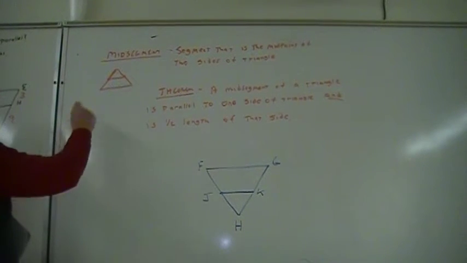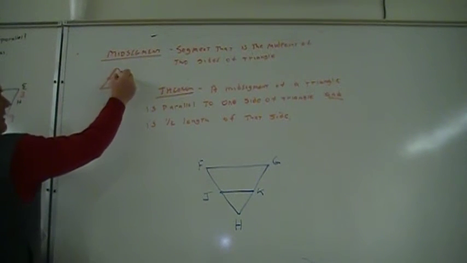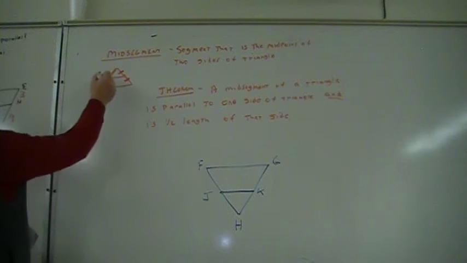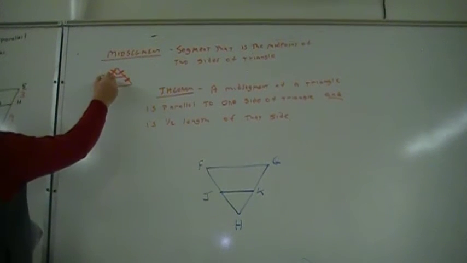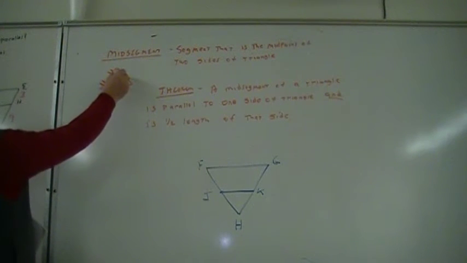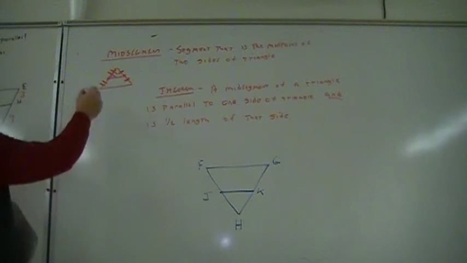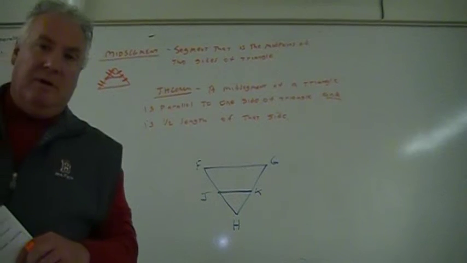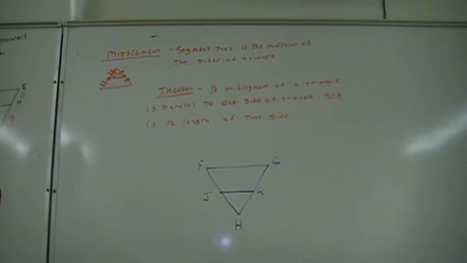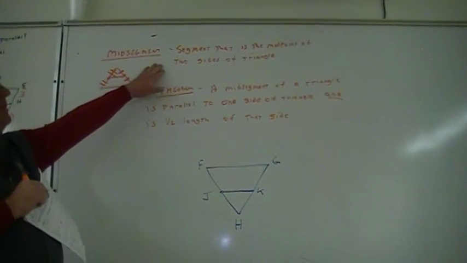That means this side is congruent to this side, and this side is congruent to that side. So what it does is it cuts this segment in half and that segment in half. They're connected. We have a mid-segment. Okay? So that is the definition of a mid-segment.